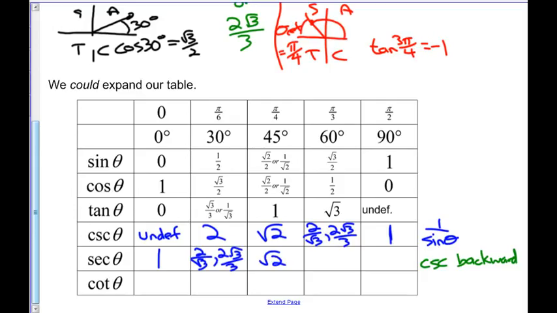Root 2, 2, and undefined. And cotangent, you can just do tan backward. So there are little tricks to being able to produce the table quickly. Tangent started at 0 and ended at undefined. Cotangent's going to start at undefined and end at 0.